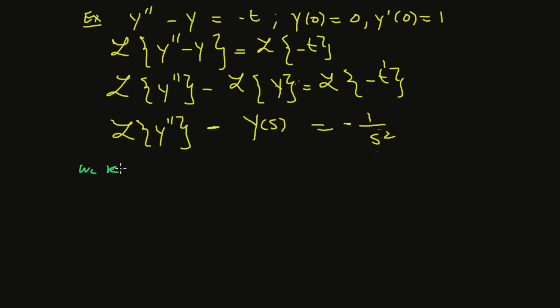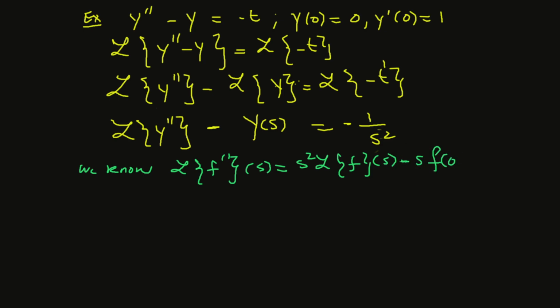We know that, for example, the Laplace transform for a second derivative from the previous section on s is going to be s squared times the Laplace transform of f on s, minus s f of 0, minus f prime of 0.